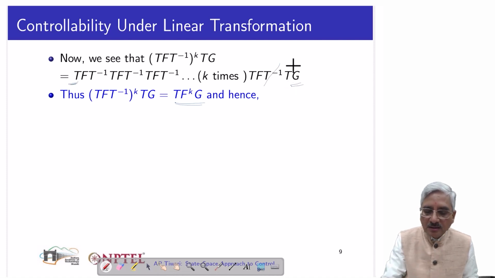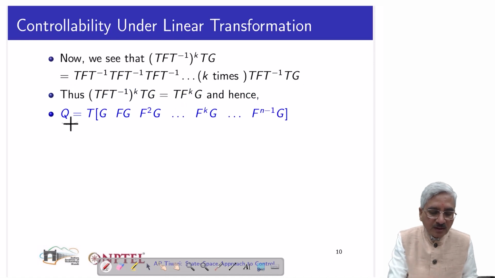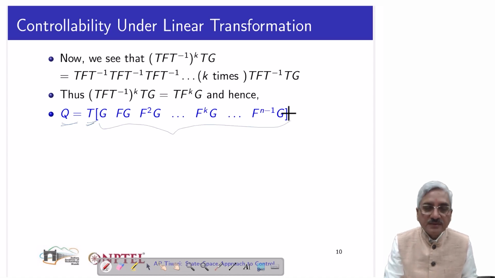All the other matrices cancel with the following T. So (TFT inverse) power k TG becomes T F power k G, and that means that the Q matrix becomes T pre-multiplying the matrix G, FG, F square G, etc. up to F to the n minus 1 G.